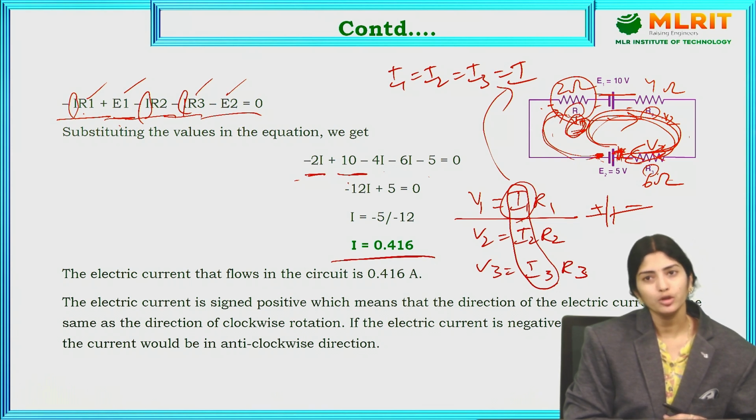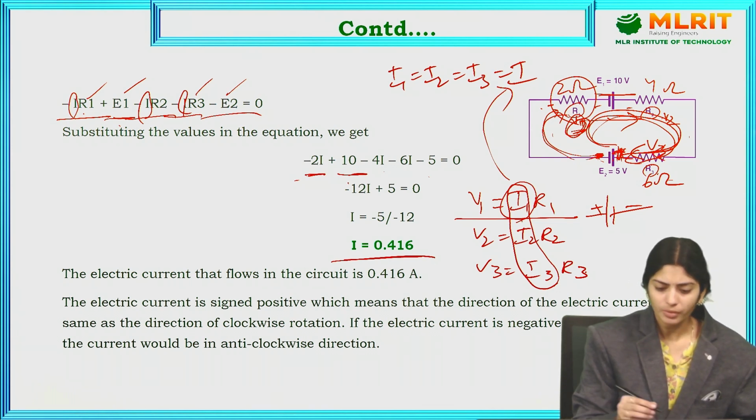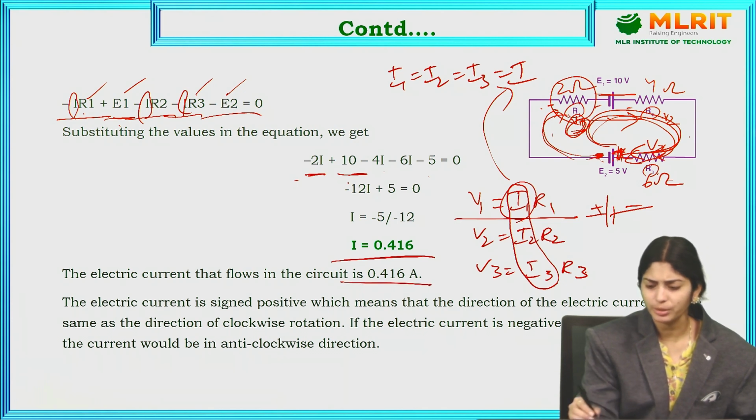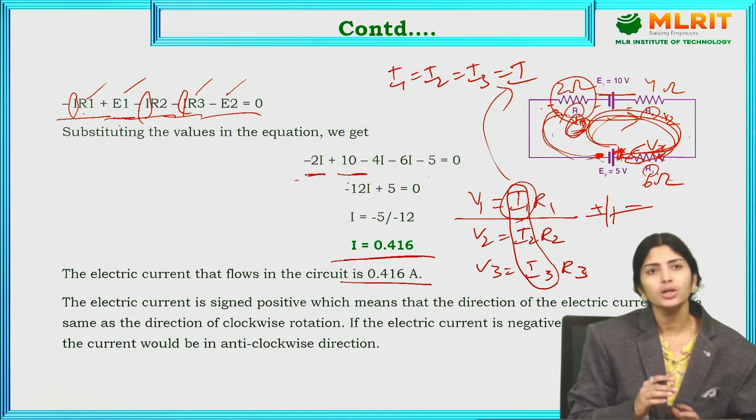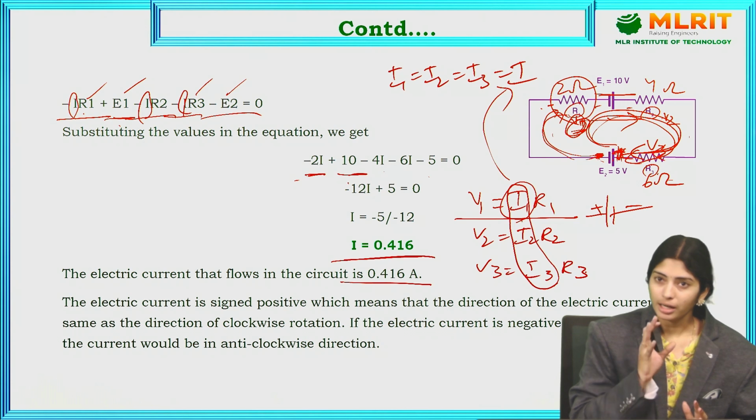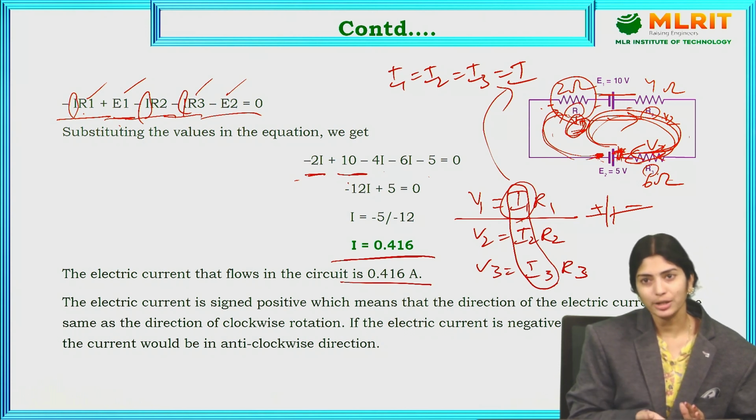So we are able to find out the value of the current by using this KVL. The electric current flowing in the circuit will be equal to 0.416 amps. The total electric current here is signed positive. That means the direction of the electric current is the same as the direction which I had considered.